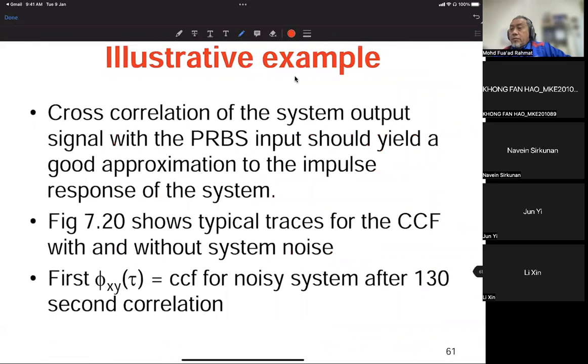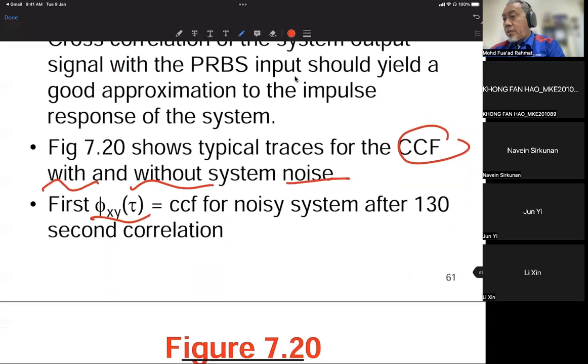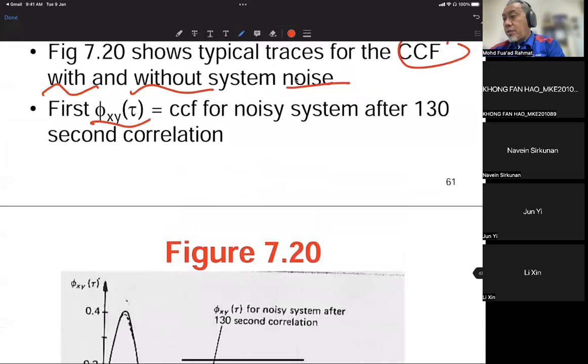So the correlation of the system with the PRBS input signal should yield a good approximation to the impulse response of the system, and it shows a typical trace for the CCF with and without system noise. So first we applied autocorrelation for the noisy system after a 130-second correlation period.